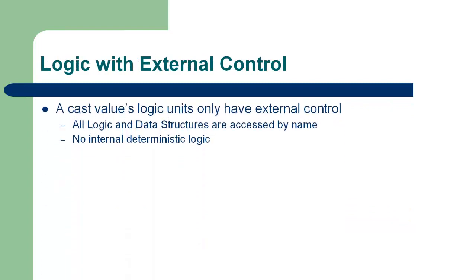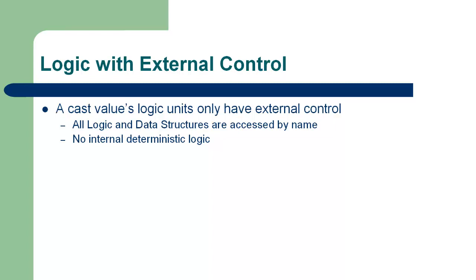Logic and external control. A cast value's logic units only have external control. When we write our logic now in our source code, the logic itself tries to control itself. But what I'm finding is that we can't really control it without a whole lot of conditionals and a whole lot of calling of external references that don't apply to the logic. So let's say I'm drawing a DXF file.